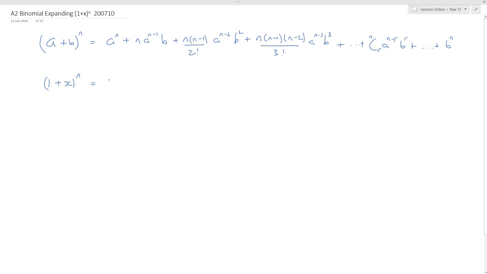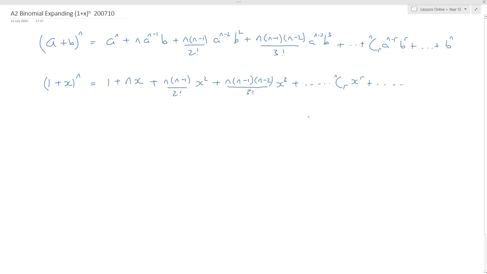So we have 1 to the power of n, which is just 1, plus n, a is 1, so it's just b, which is x, plus n times n minus 1 over 2 factorial, x squared, plus n times n minus 1, n minus 2 over 3 factorial, x cubed, plus, and if we have a general term, it's going to be n choose r, x to the power of r, plus an infinite number of terms because we're using a fraction.